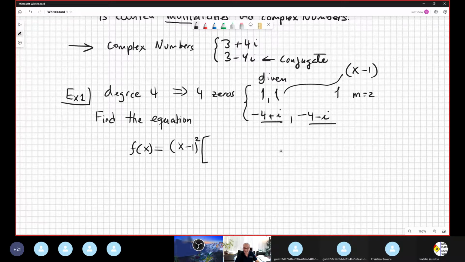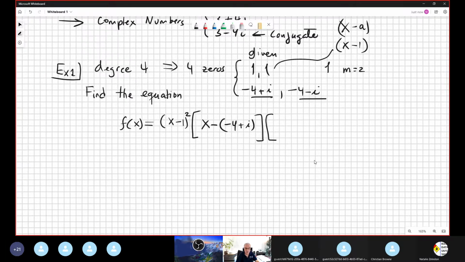The format for the factor is x minus something. So, I copy, for example, x minus the first complex number, which is negative 4 plus i. Another bracket, because you know. Okay, no problem. Don't interrupt me, please.